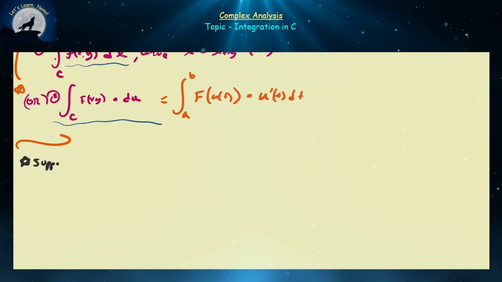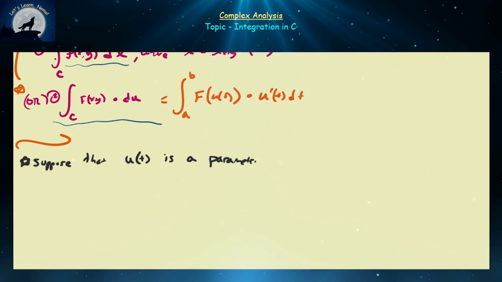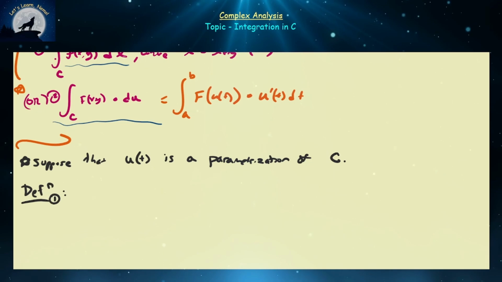So let's start off by supposing that u of t is a reasonable parametrization of our path C. Then let's start off with our first definition.